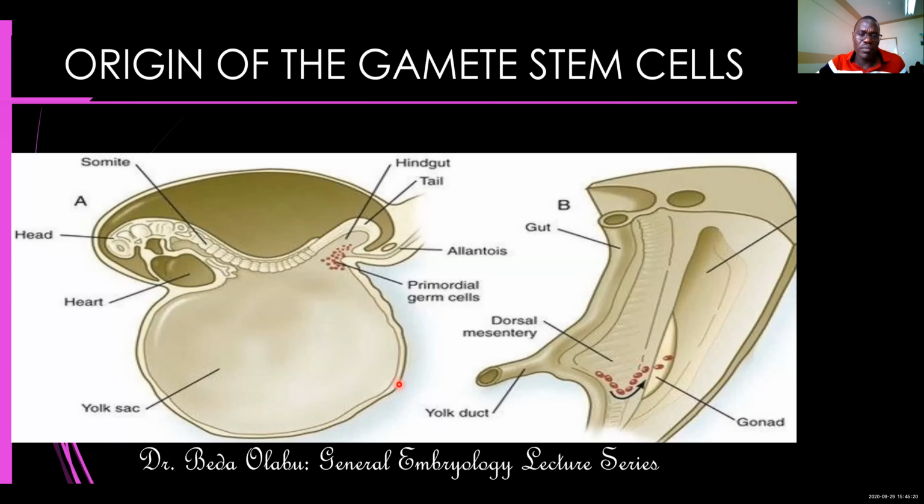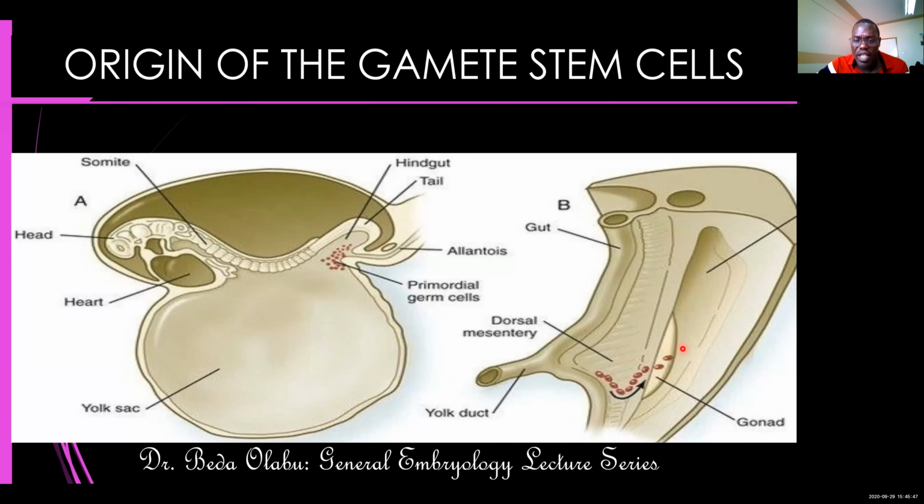Now, see this. This is what we call the yolk sac. This is the developing embryo. You'll understand this image much later, but there's something called the yolk sac. These are the cells on the wall of the yolk sac. The same cells are here, the primordial germ cells. They migrate from the yolk sac into the developing gonad. This is the developing gonad.